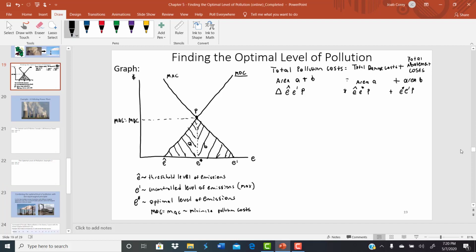And just to be clear, we're talking about triangles here as well when we're talking about these areas that we're measuring.